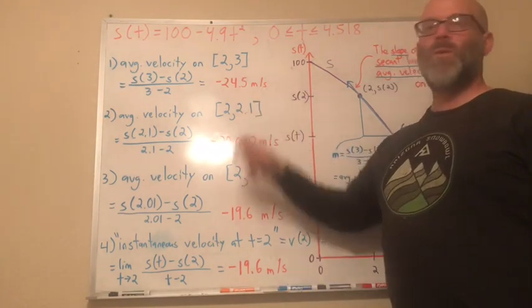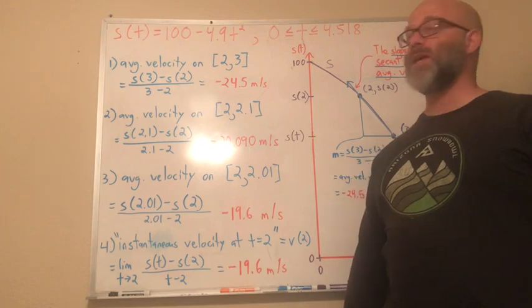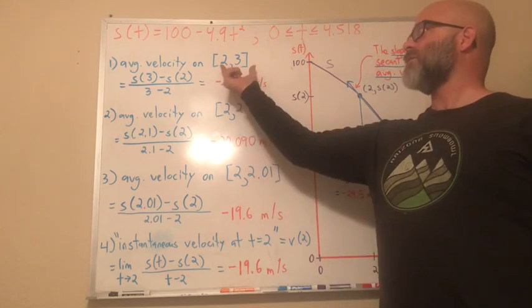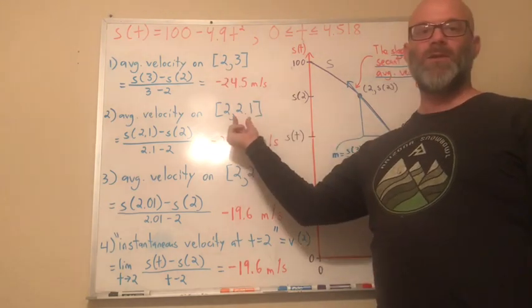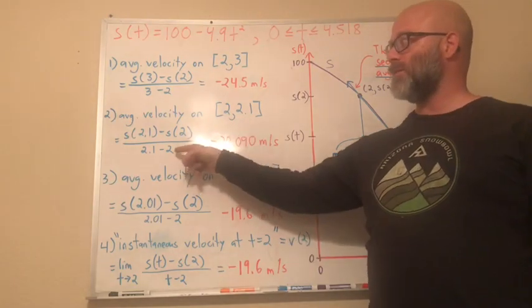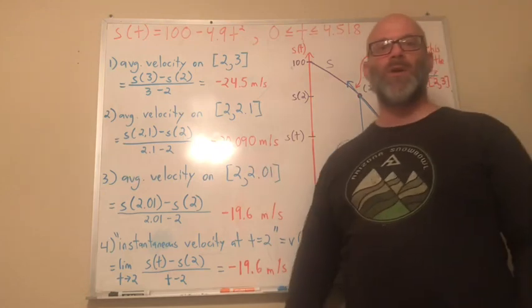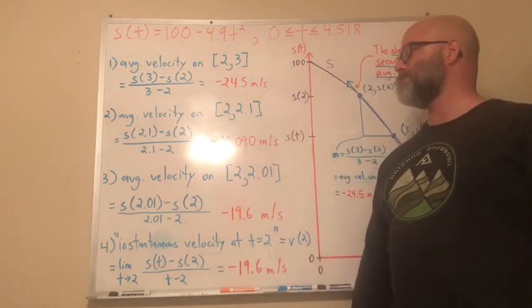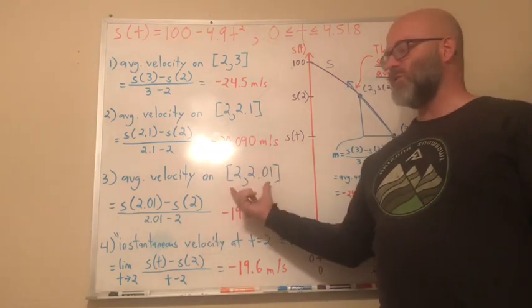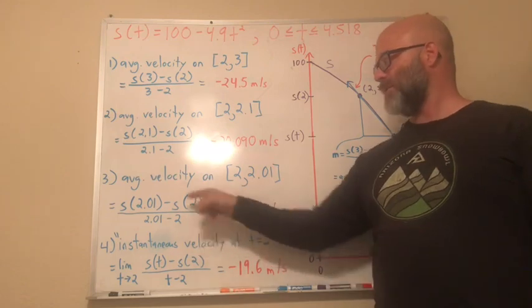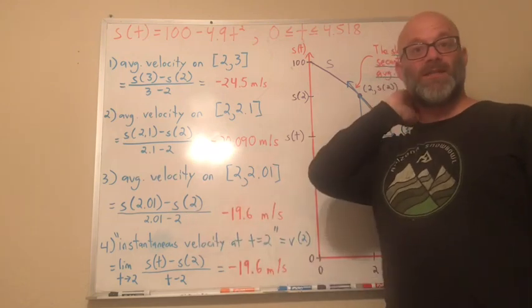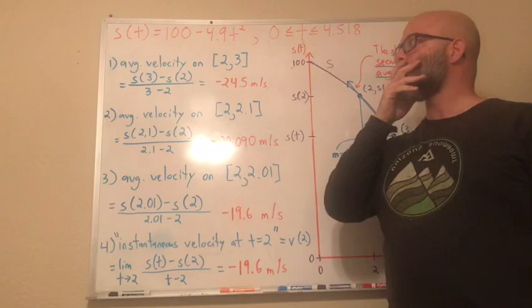And I get negative 24.5 meters per second. Well, I could also take average velocity on a smaller interval, like 2 to 2.1, using s of 2 and s of 2.1, and I get negative 20.090 meters per second. I can take the average velocity in an even smaller interval than that, and if I do that, I get negative 19.6 meters per second.